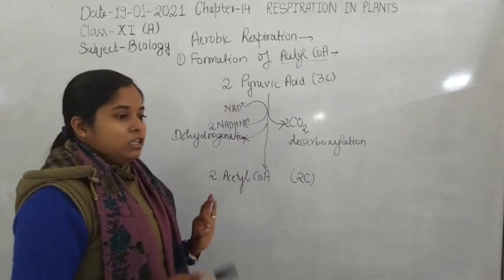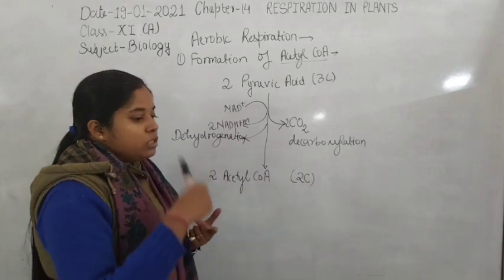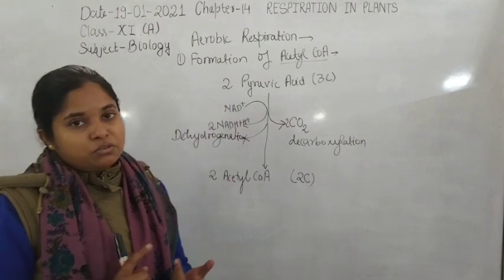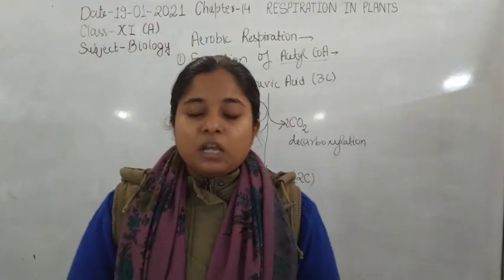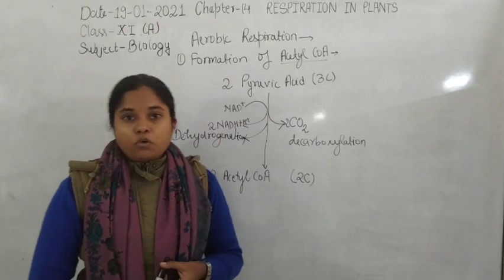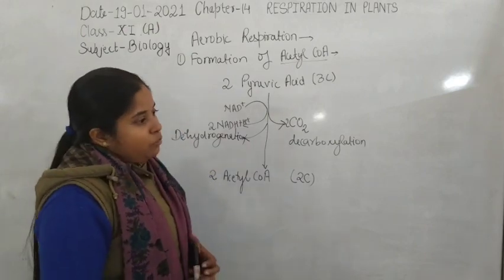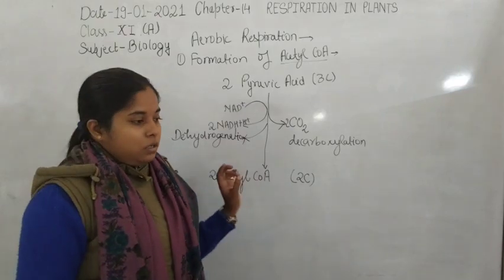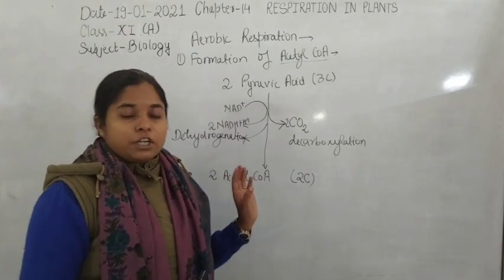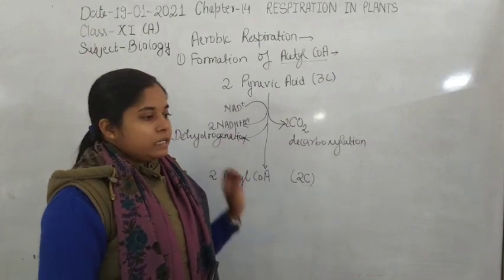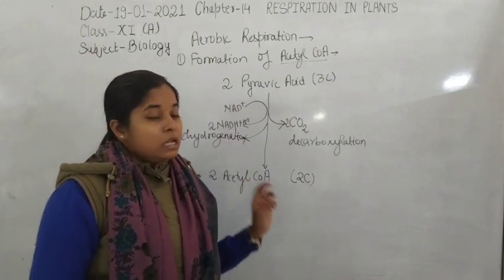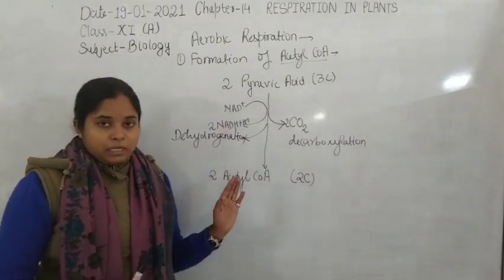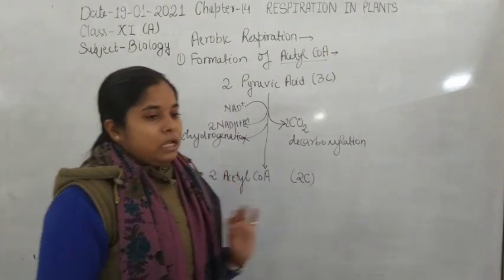After the oxidation, finally the carbon dioxide molecule releases from the citric acid in the formation of alpha ketoglutaric acid, isocitric acid, and the formation of succinyl coenzyme A. So first decarboxylation takes place in the Krebs cycle, that is during the formation of alpha ketoglutaric acid, and the second decarboxylation takes place in the conversion of alpha ketoglutaric acid to succinyl coenzyme A or succinic acid.